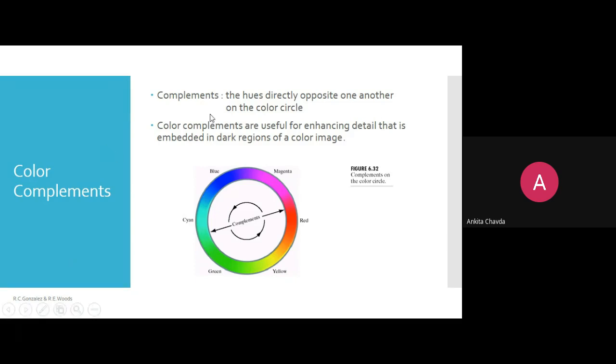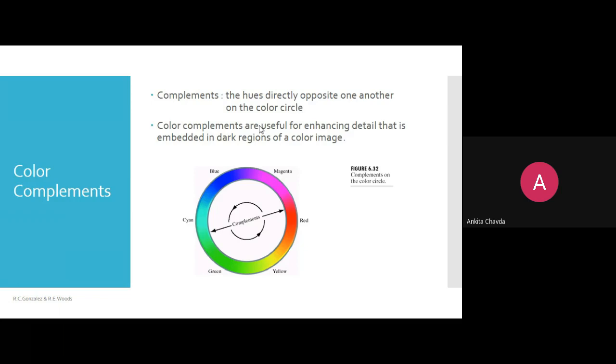Wherever you will go, if I'll see what is the complement of red color, so you can say that is cyan color, right? And so on. If it would be this magenta, green would be opposite. If this would be blue, yellow would be opposite, right? Opposite, that is what the complements, right? They are directly opposite one another on the color circle, right?